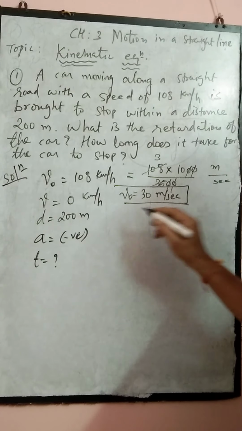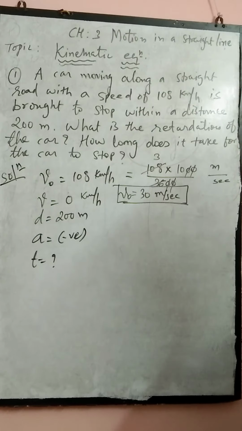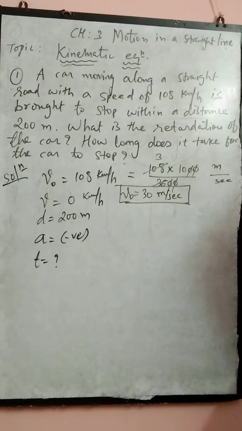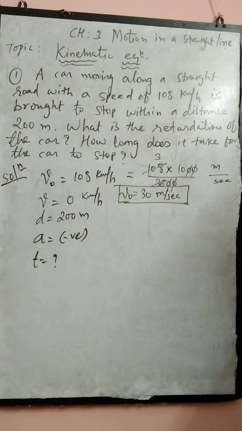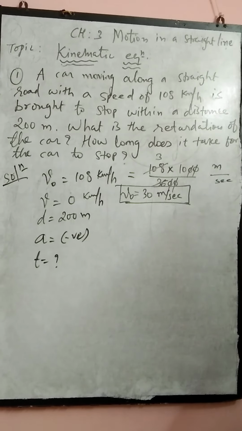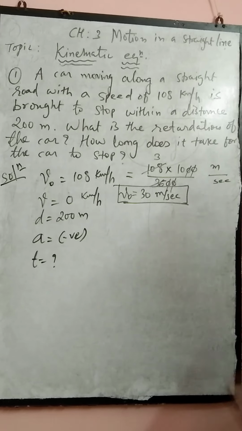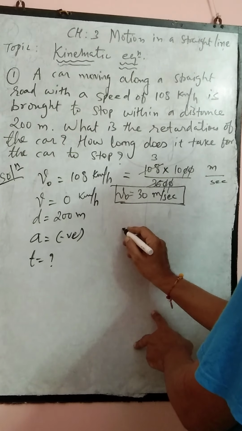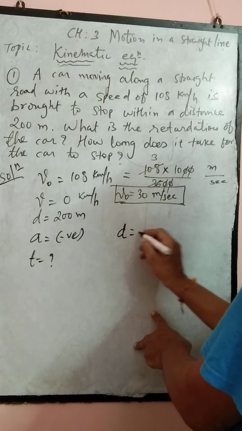Okay, one step is completed. You have converted into one unit system. Now, how do we get A? We have three equations.